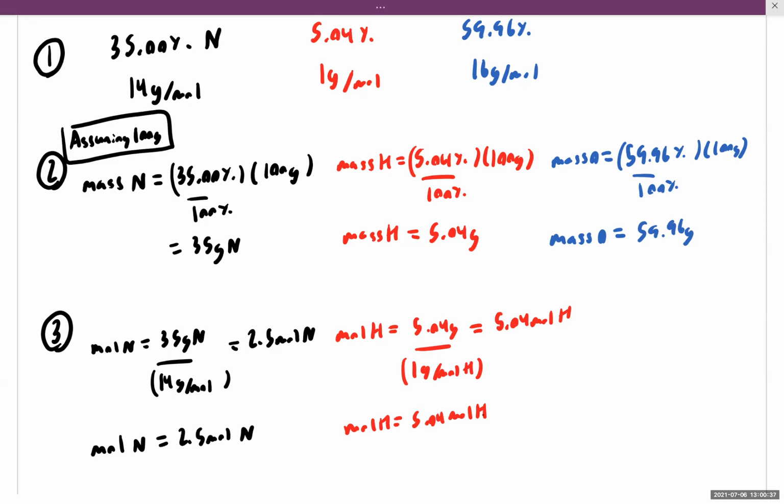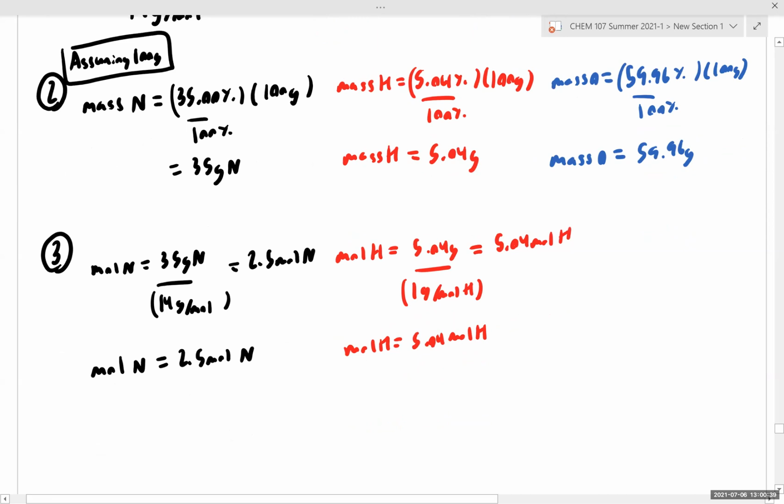For oxygen, we have a student sharing that they calculated that we have 3.7475 moles of oxygen. That was obtained by taking the mass of oxygen over the molar mass of oxygen, which is 16 grams per mole. So we have 59.96 over 16, and that gives us 3.7475 moles of oxygen.